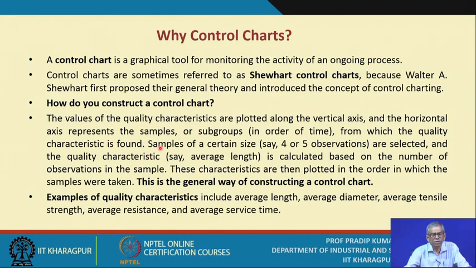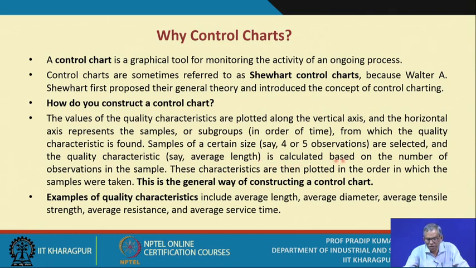That means instead of measuring all the units in the population, you just draw a sample, and within the sample you have a number of values, and those values are to be collected, and then you get the average value. So, the average represents a particular sample quality characteristic.